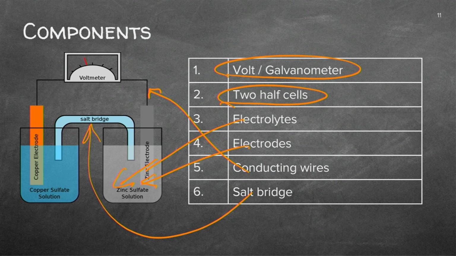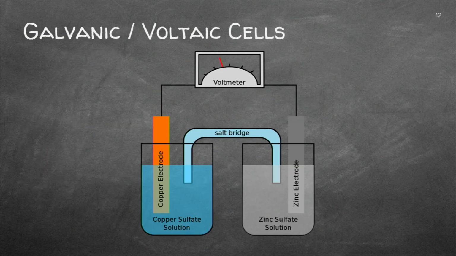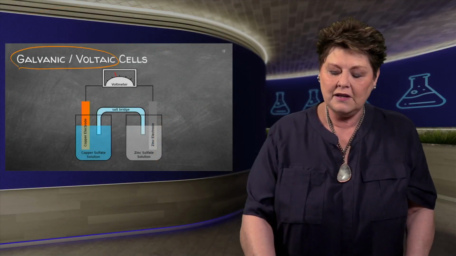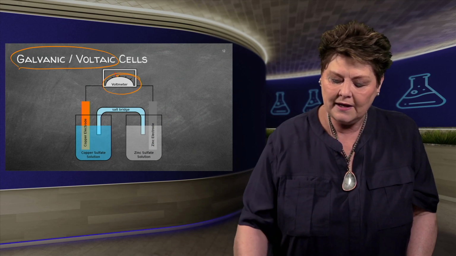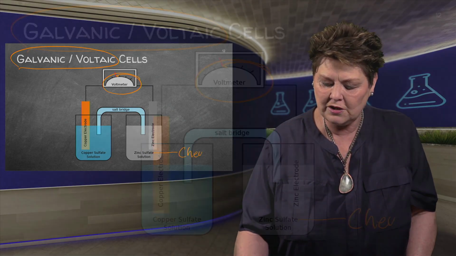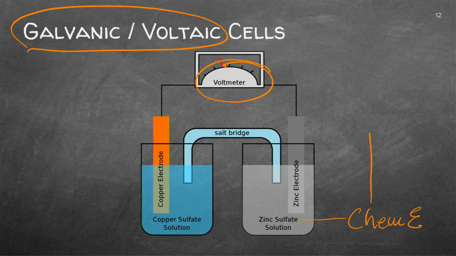So that's all the components that you're going to use with these galvanic or voltaic cells. Guys, remember, there's another cell, electrolysis. Don't get confused. Here you've got specifically a chemical reaction, chemical energy creating electrical energy. So it's important that you know that's why we use this galvanic or voltaic cell.